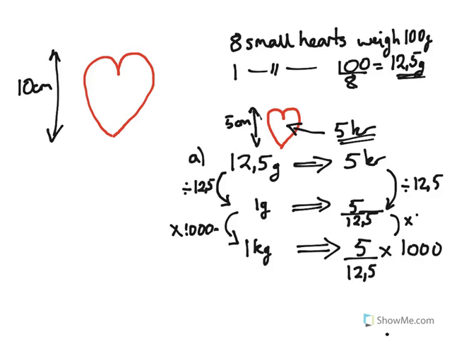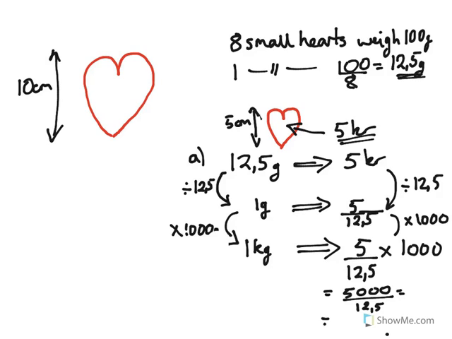So we do the same thing to both sides of our equation here. So we'll find out that 1 kilo will cost us 5 times 1,000, which is the same as 5,000 divided by 12.5, which is 400 kronas per kilo.